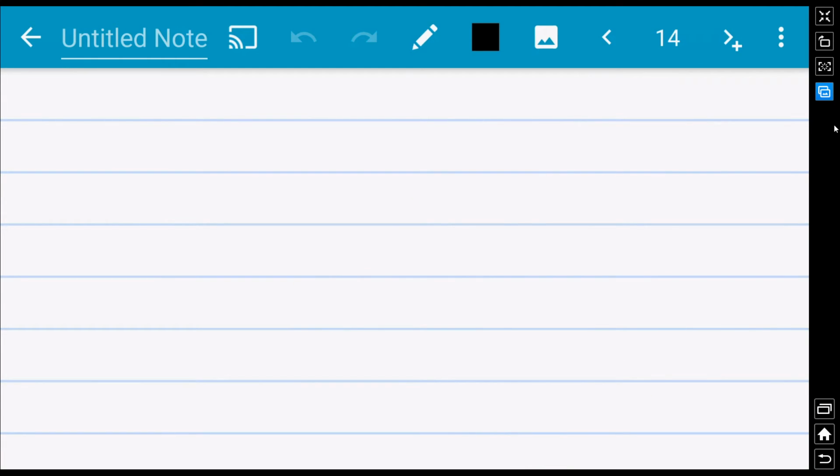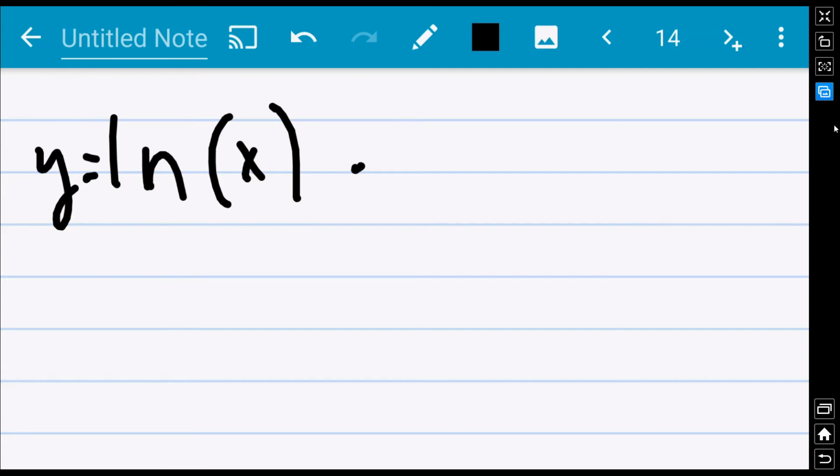Now let's think of, for example, what is the derivative of ln of x? If y equals ln of x, then y prime equals 1 over x.